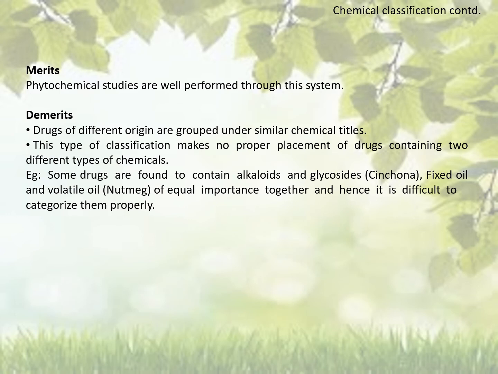So in this classification, it becomes difficult to decide in which category cinchona should be placed. Another example is nutmeg. In Hindi, it is known as jaiphal. It contains both volatile oil and fixed oil in it, and it is difficult to categorize it because volatile oil and fixed oil both are of equal importance.